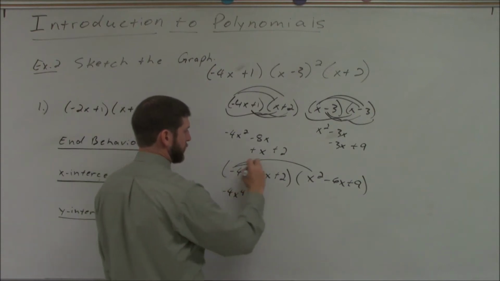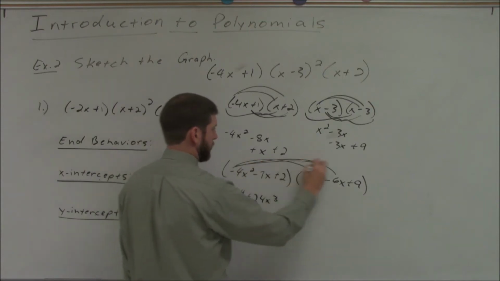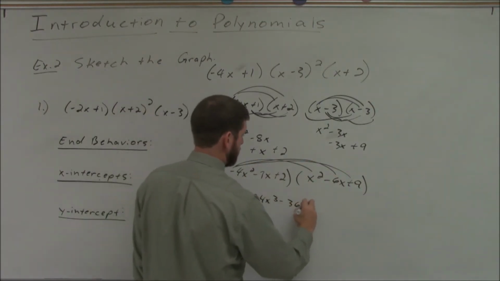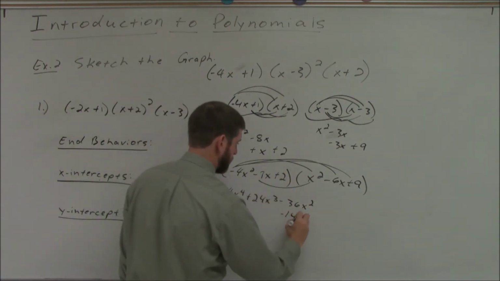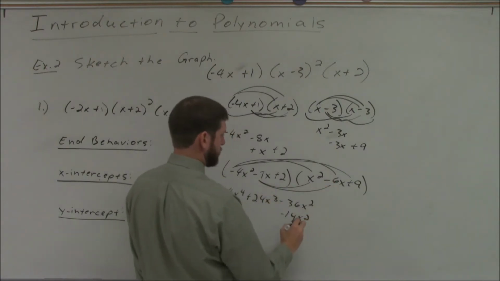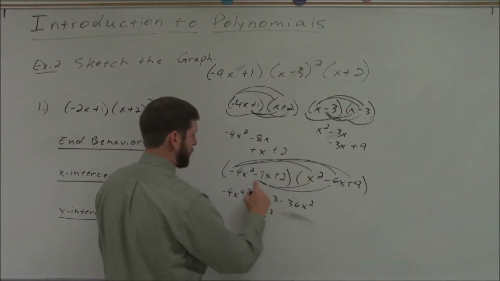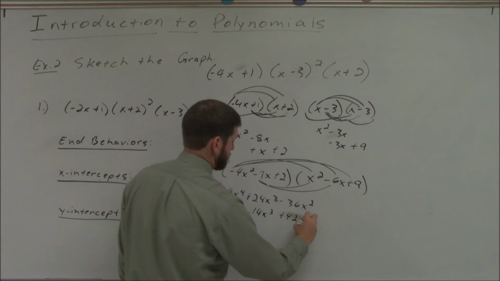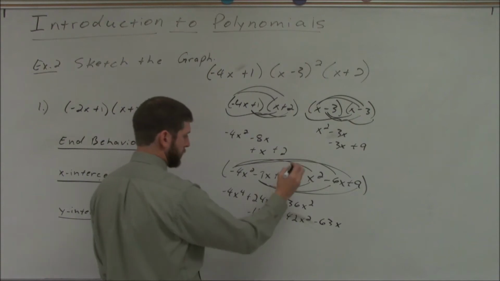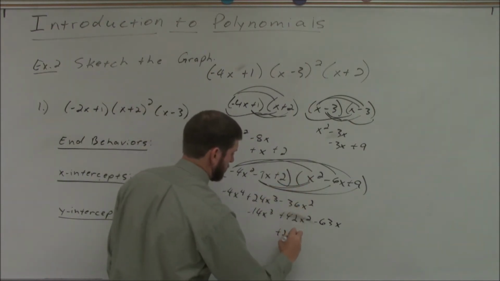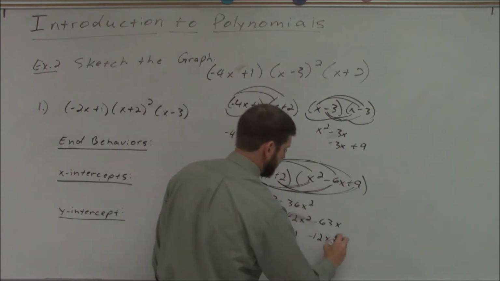Negative 4x to the fourth plus 24x cubed minus 36x squared minus 14x squared plus 42, minus 14x cubed plus 42x squared minus 63x, put our 2 on there, 2x squared minus 12x plus 18.